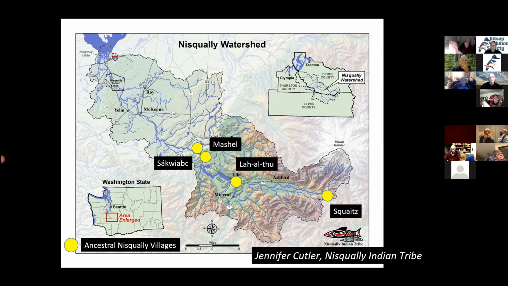It's where the Mashel River empties into the Nisqually, not too far from Eatonville. This particular village is really important on Muck Creek because it was the birthplace of Willie Frank. Willie was the father of Billy Frank Jr. and lived to be 99, 100 years old before he passed.